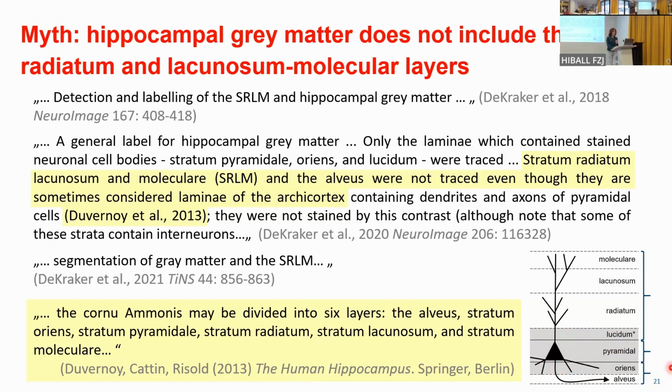Now, I mentioned that the radiatum and lacunosum molecular layers basically only contain the dendrites of the pyramidal cells, but they also contain other types of cells, okay?